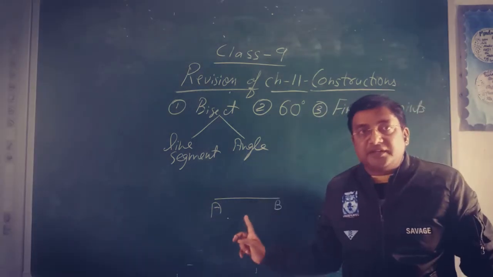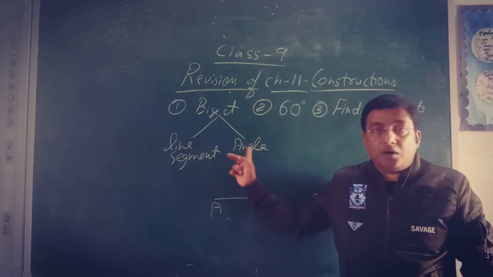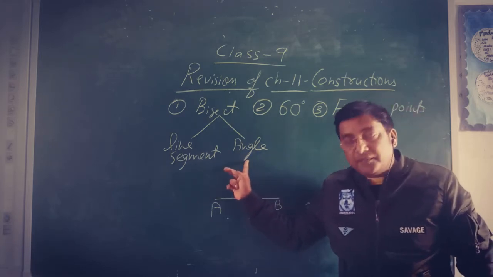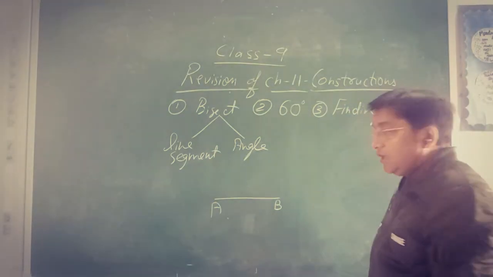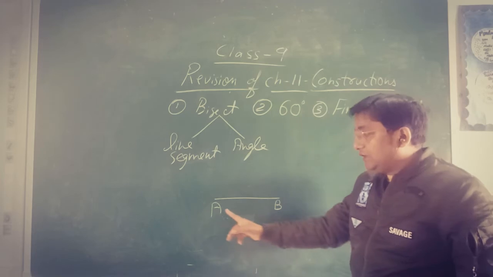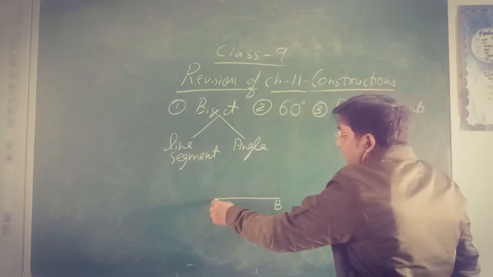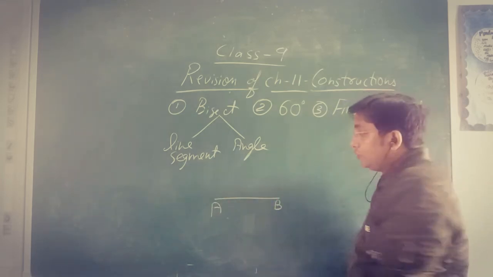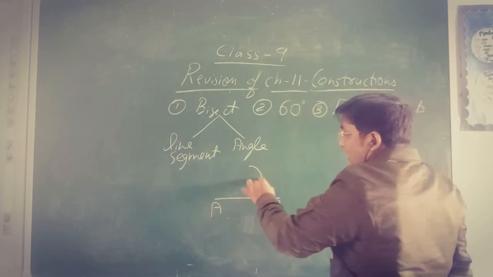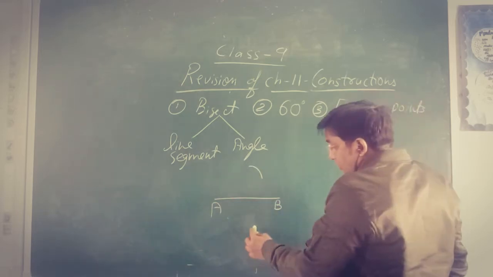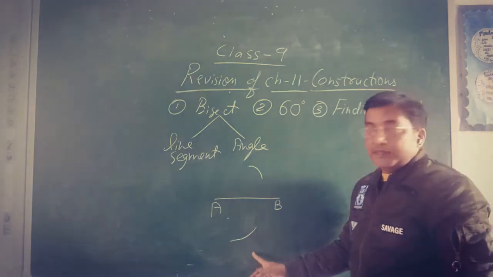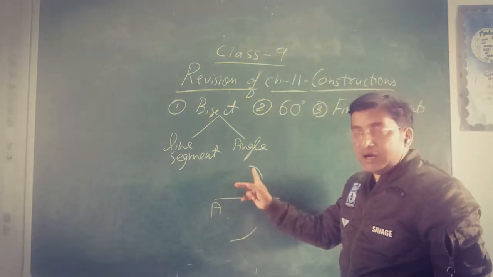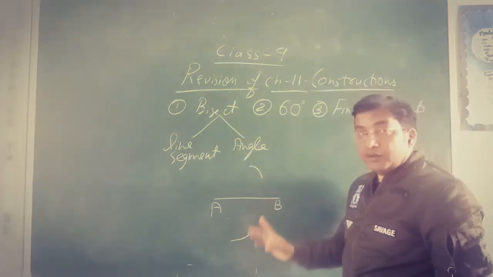Whenever we bisect either a line segment or an angle, we always look for the corner points. Now, if you see this closely, the corner points are A and B. From A, I take one arc upward and downward, with any radius, but that should be the same.